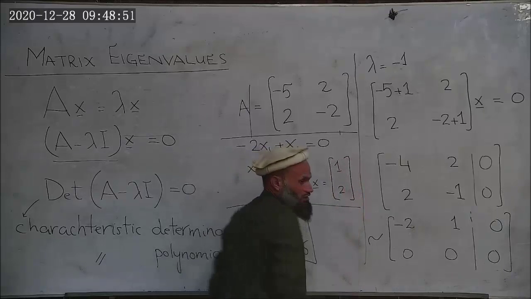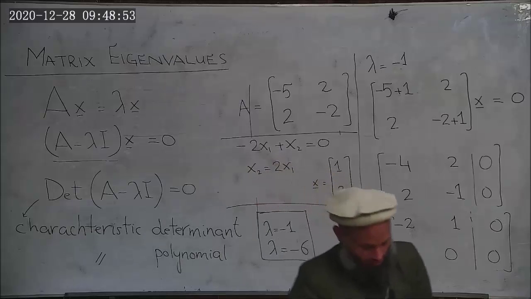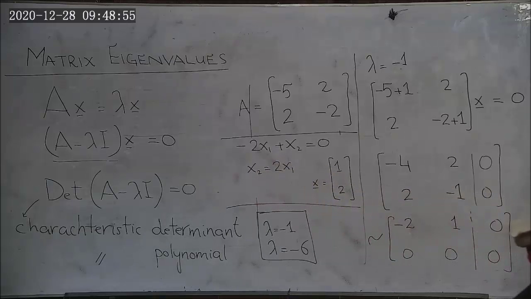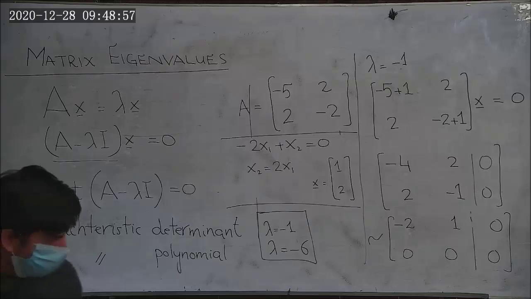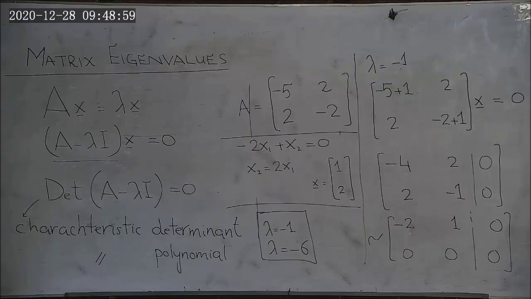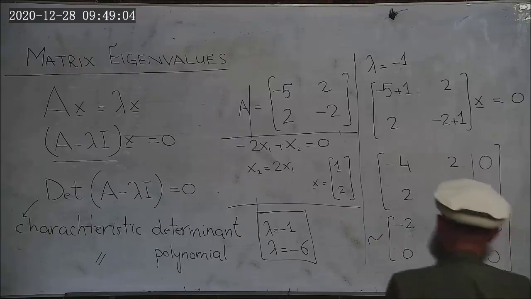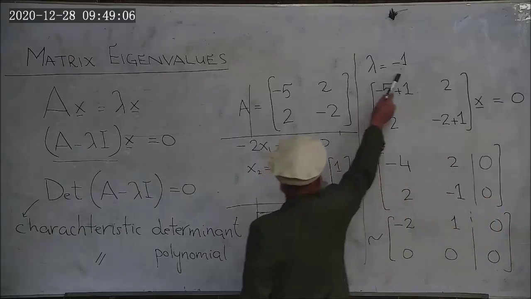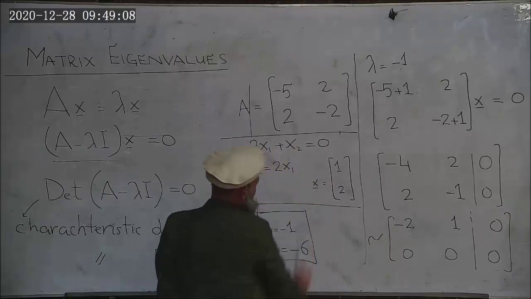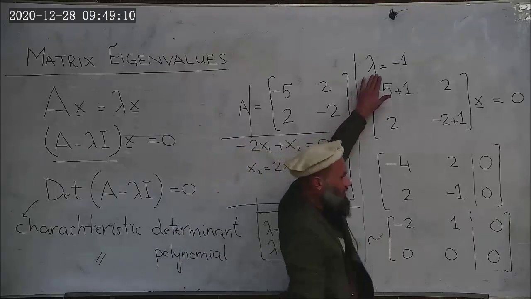Remember that there are infinitely many solutions. Among them, this is one solution. Any scalar multiple of this vector will also be an eigenvector corresponding to this eigenvalue lambda equal to -1. So this is a vector corresponding to this eigenvalue.